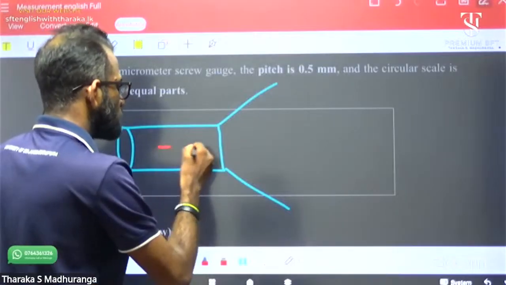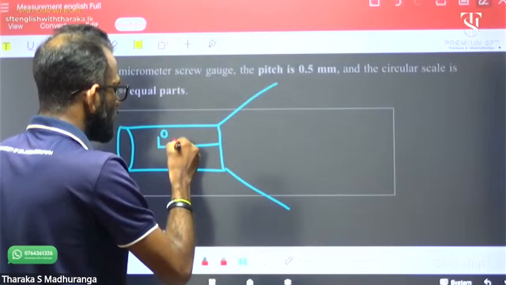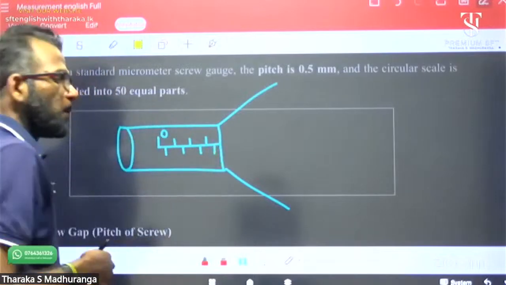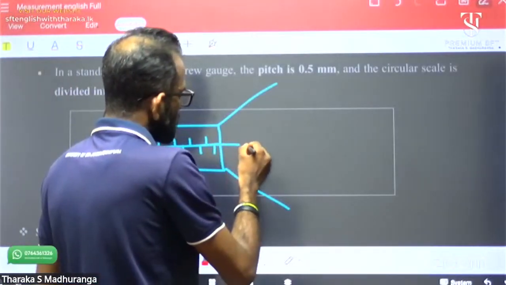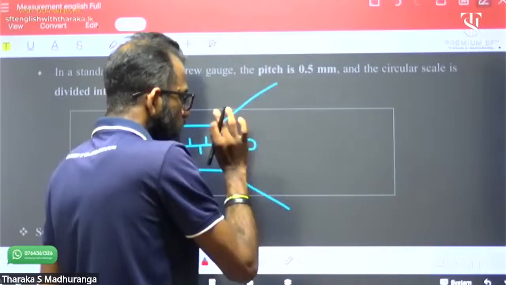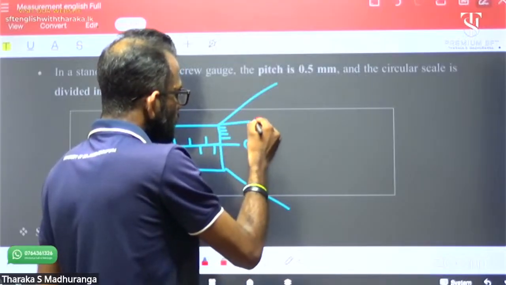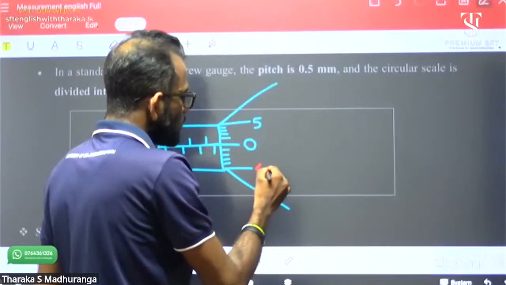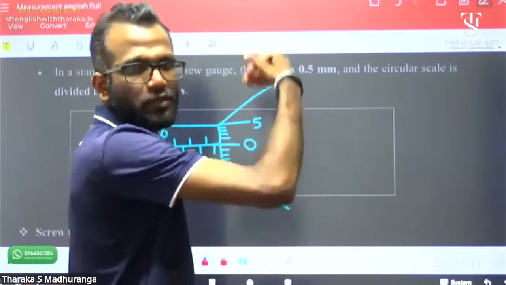Circular scale: 0, 1, 2, 3. This is the circular scale 0, 1, 2, 3, 4, 5. 1, 2, 3, 4, it is 45. It continues 5, 10.